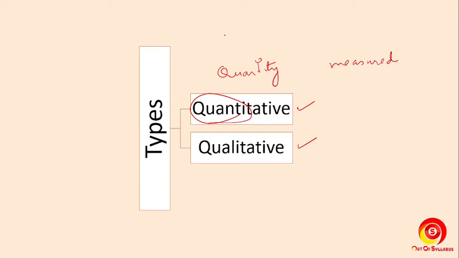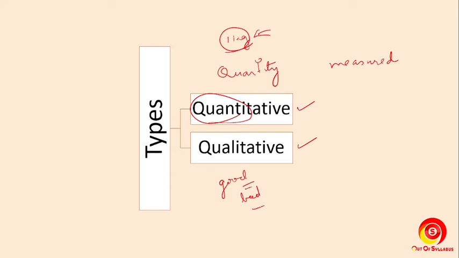For example, when we go to a grocery shop, we'll say we need 1 kg of rice. What is this 1 kg? 1 kilogram is something that we use to measure the quantity of rice. So anything which can be measured can be classified as quantitative data, and anything which cannot be measured can be termed as qualitative data. For example, we say good boy, bad boy, etc.